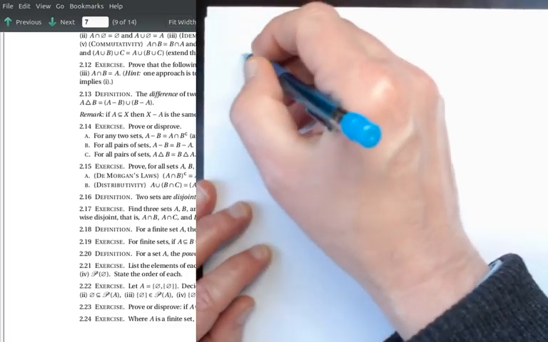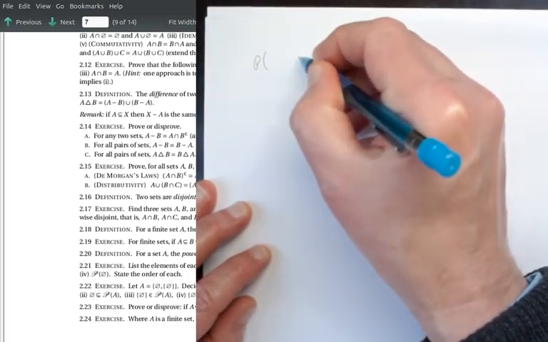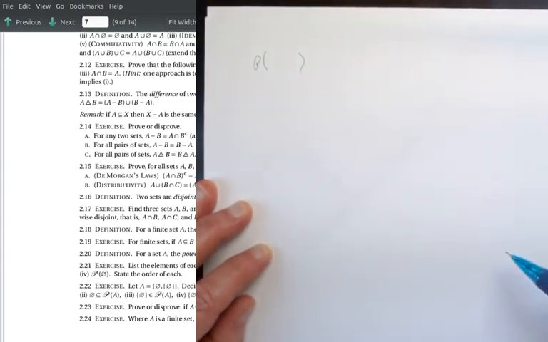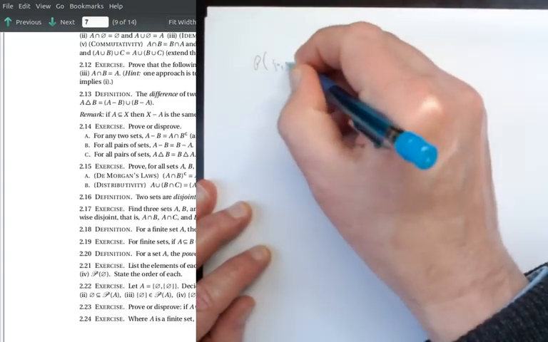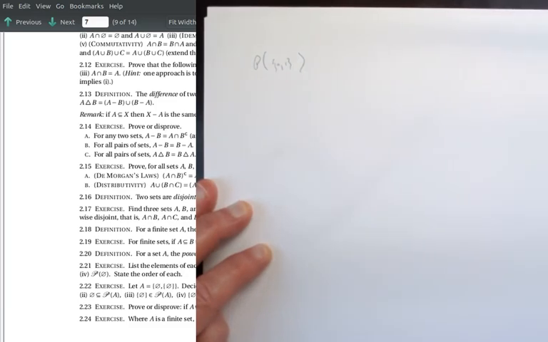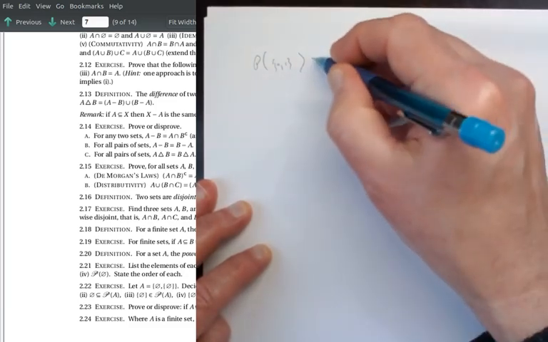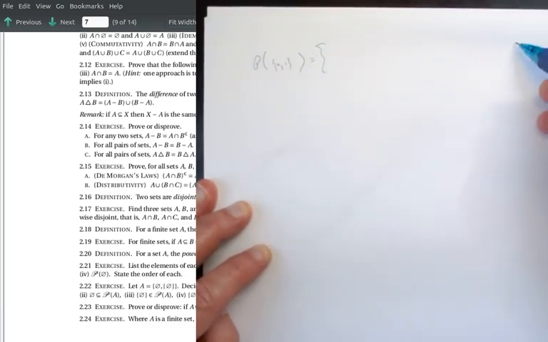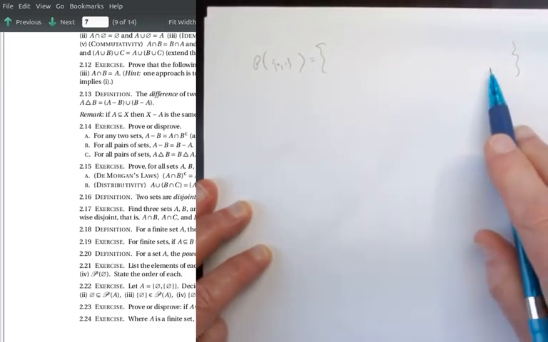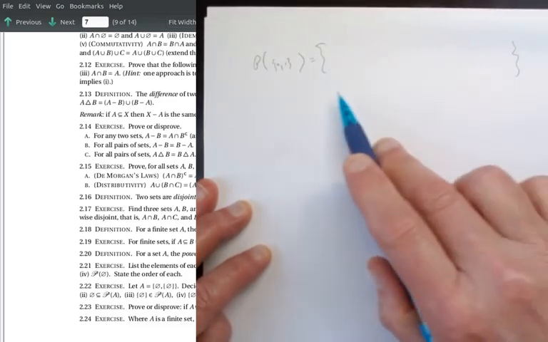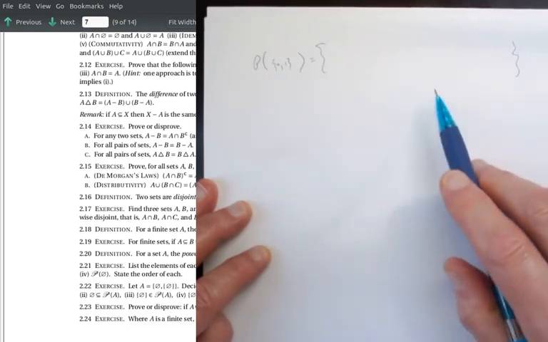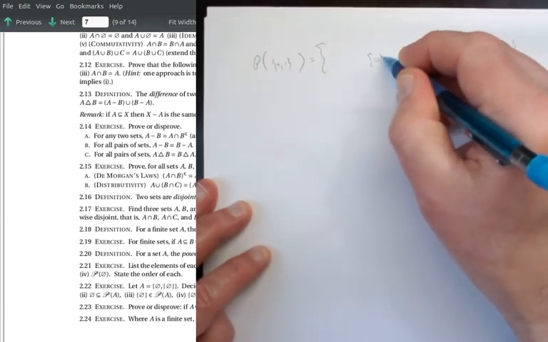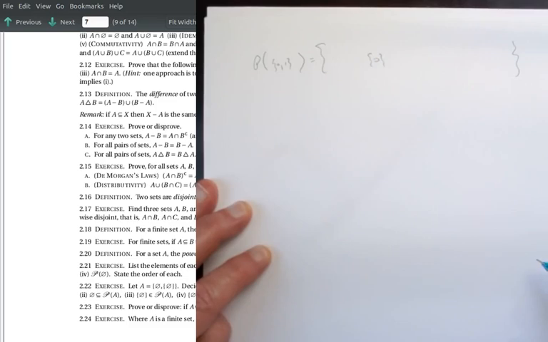So power set, script P of {0, 1}. Okay, and I'm looking to have a collection, so there are big curly braces, and inside of this collection is going to go every subset of {0, 1}. So the first one that occurs to me is to have just a 0.